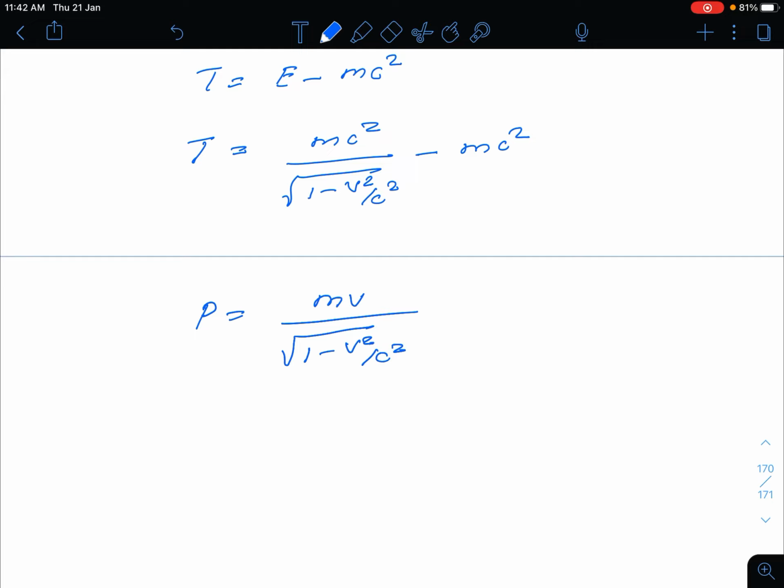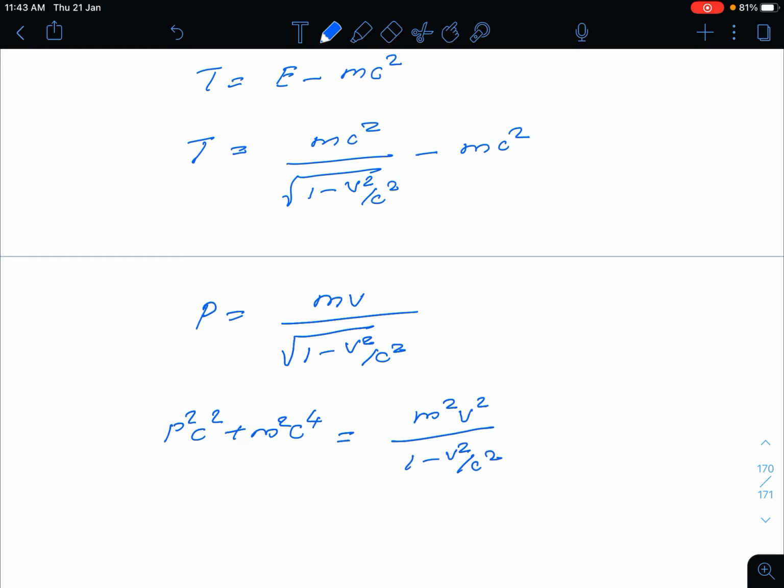So let's consider one expression. Let us say p square c square plus m square c raised to 4. Just consider this expression. So what is p square? That is m square v square divided by 1 minus v square by c square.